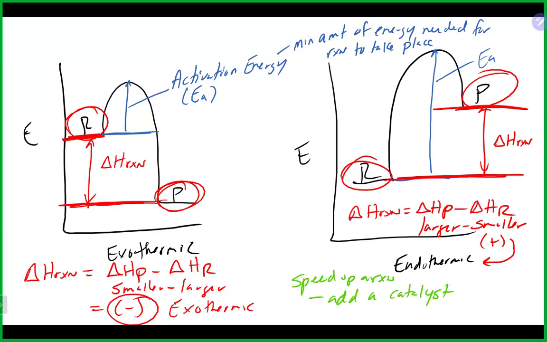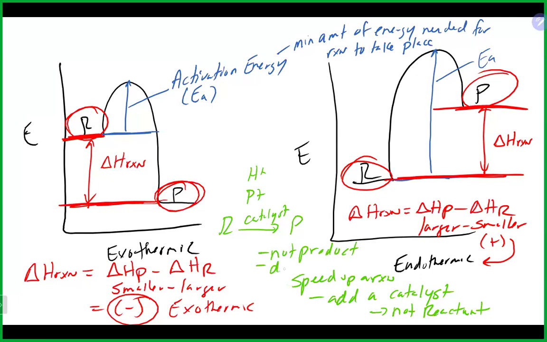And a catalyst, when you look at an equation, is typically written on the arrow. Maybe they'll have a metal, or something like H plus written there, which means it's an acid catalyst. But what a catalyst is and is not: a catalyst is not a reactant. It is not a product, and it does not get used up in the reaction.